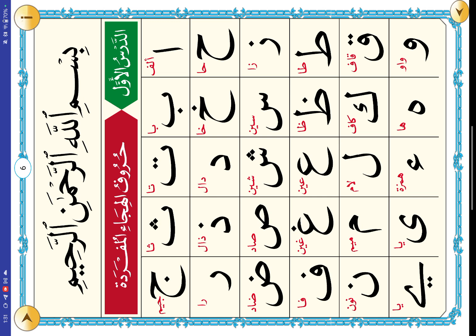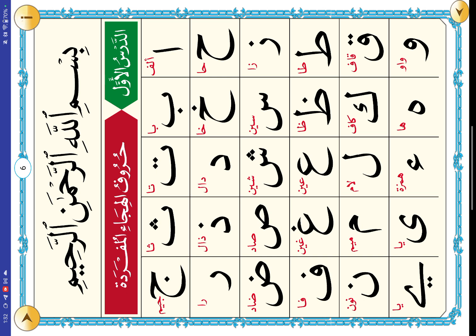When you press Alif, it actually says the sounds. So that's saying Alif, Ba, Ta. Say for example you don't know a certain letter.